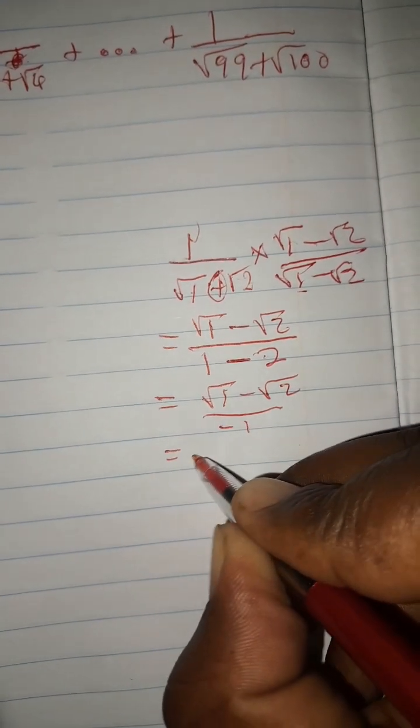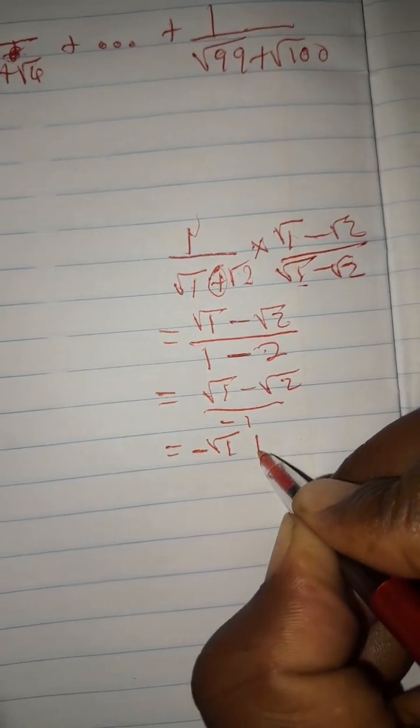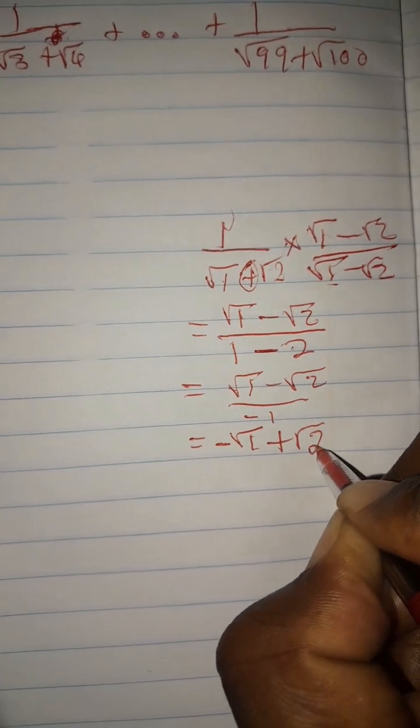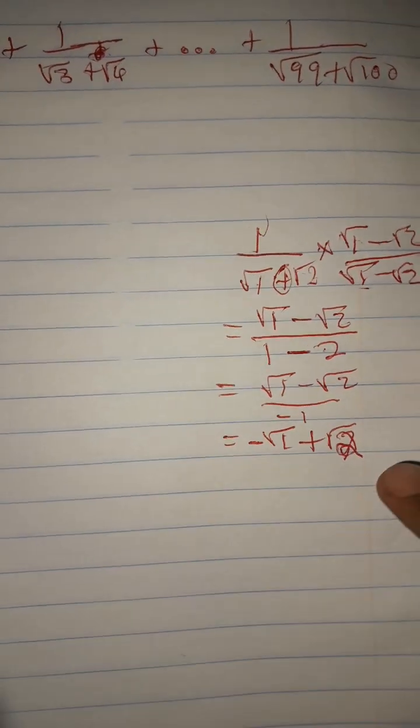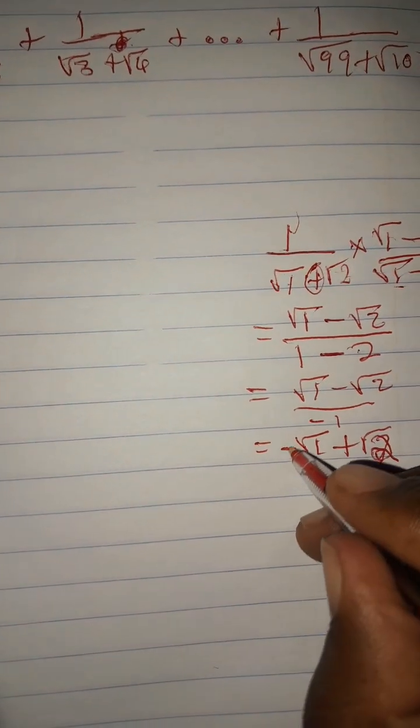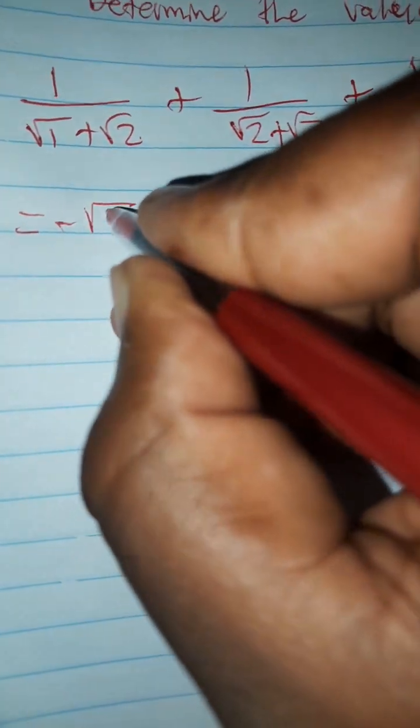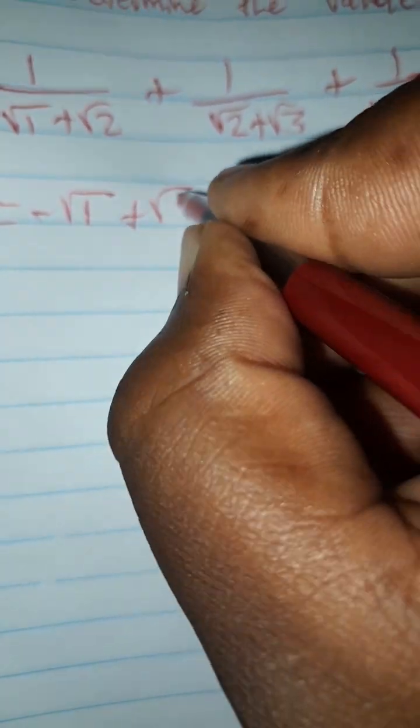When you simplify this further, it's minus 1 plus √2. So this is the first term that we are going to have: negative 1 plus √2.